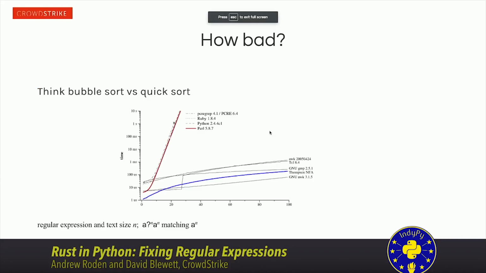Now, in here, I'm basically saying this isn't Rust. I'm not here to tell you, and we're not here to tell you that Rust is the solution. It's not. It's algorithms. This is quicksort versus bubble sort. And this graph here is stolen, as attributed at the bottom, for what happens with these different regular expressions. Now, rure is not on this list, but Python is. And you can immediately see Python follows exponential growth.